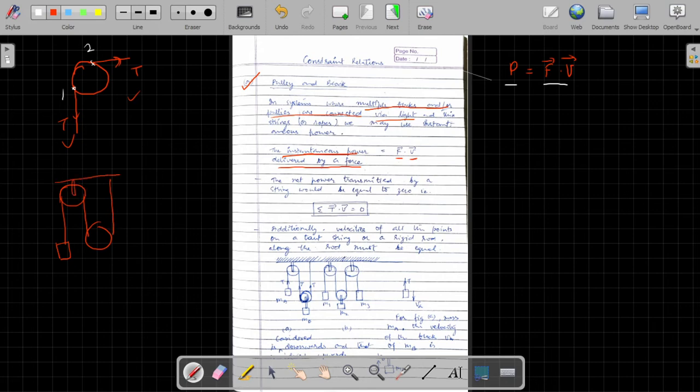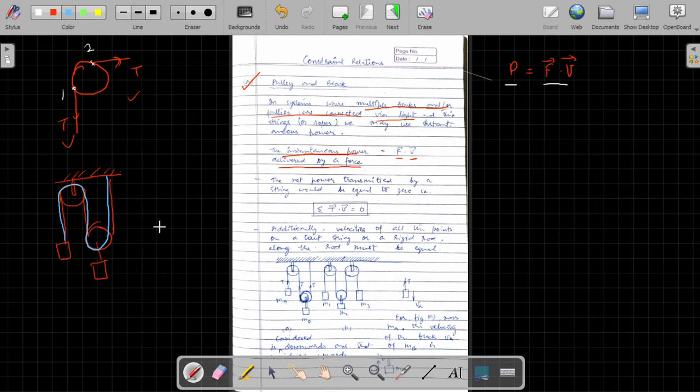Let's say you have a pulley and there is one more pulley. That pulley is also connected to some block, and this is the string. The string which we have colored sky blue is the string we are thinking about.